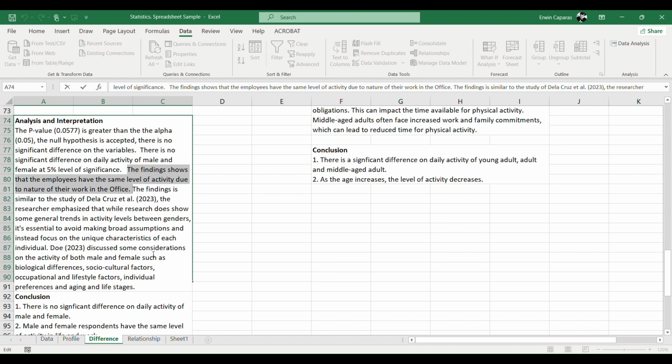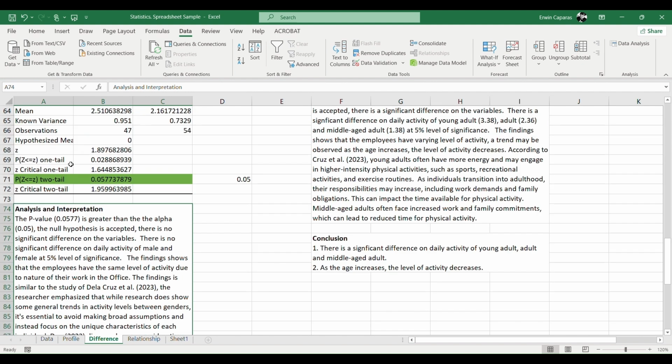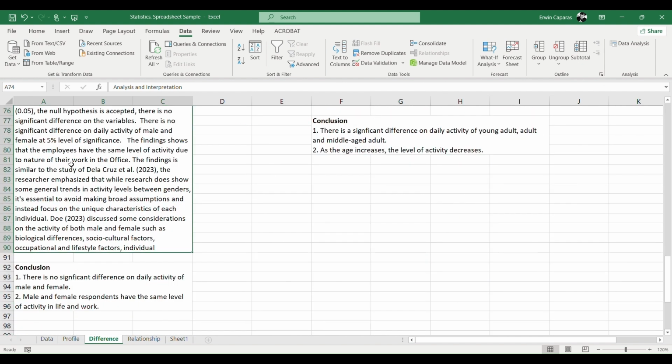They discuss some considerations on the activity of both male and female, such as biological difference, sociocultural, occupational, and lifestyle factors, individual preferences, and aging and life stages. So dito, in-explain, okay, at in-interpret natin yung result, okay, as presented in our findings.